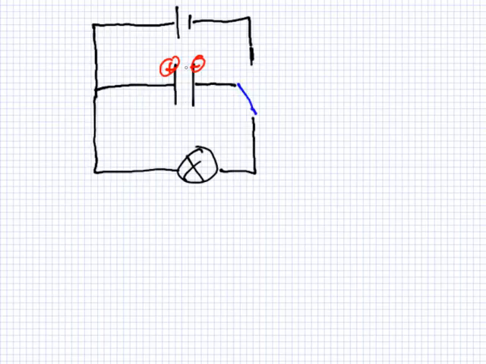Now the current starts to flow around this way. That's really how a camera works, and that's how it works in the hospital as well. First they press the button, so the switch is up.